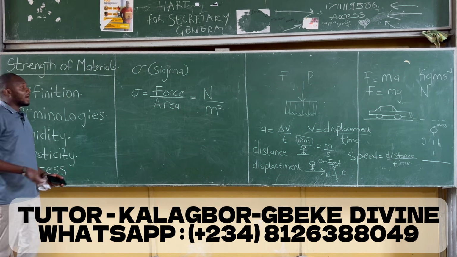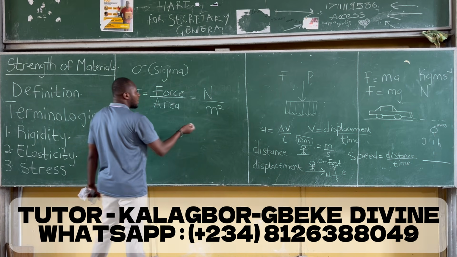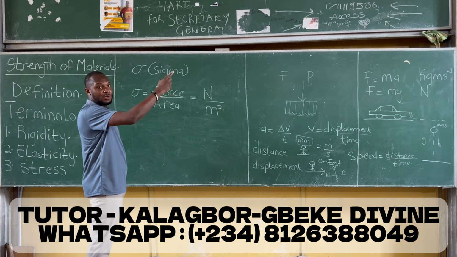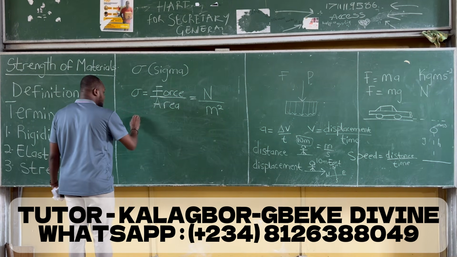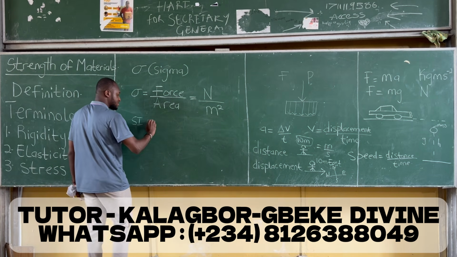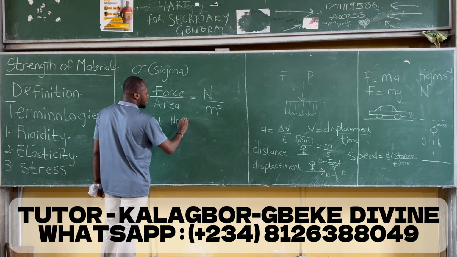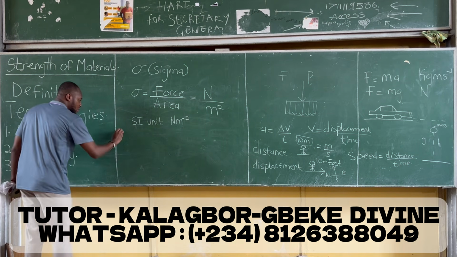Force over area is Newton per meter squared, or you can write it as kilogram meter per second squared over area, whichever you like. So this is the SI unit: Newton per meter squared.